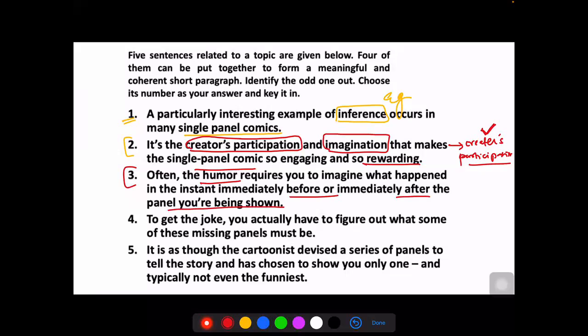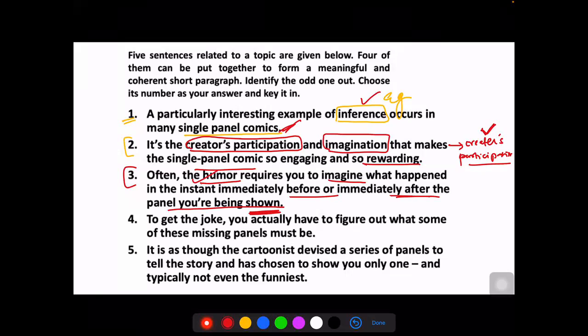So they're talking about the inference, the humor that you need to imagine: what happened immediately before, and what will happen next after the panel being shown to you. So here they are also talking about the inference, and about how single panel comics work before and after reading it.